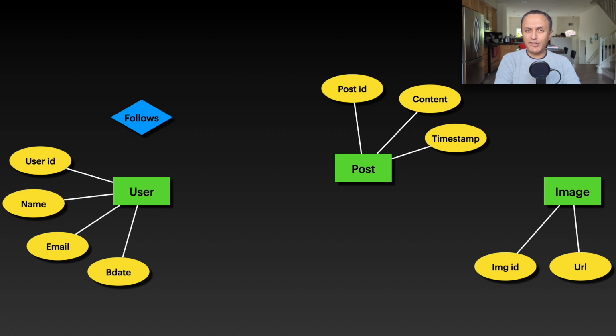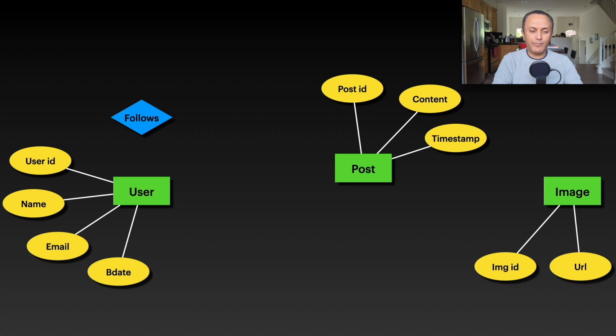So let's start with the participation. Imagine that this is actually a relationship between two, like if we consider the users as two different entity types. So there's the follower and then there's the followee. The follower type, does every user have to follow other users or not? You might have a new user that does not follow anyone, right? So it's not mandatory for someone to follow other users.